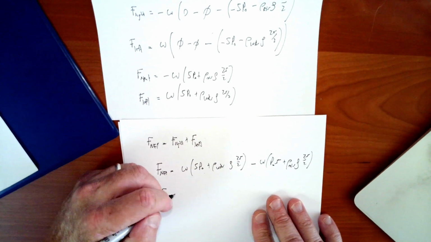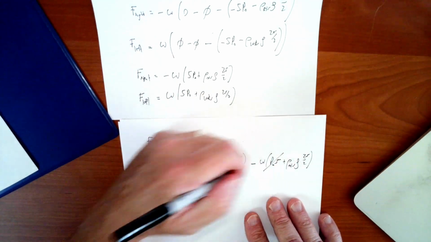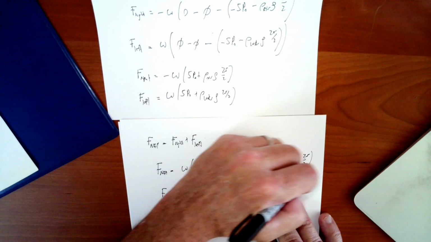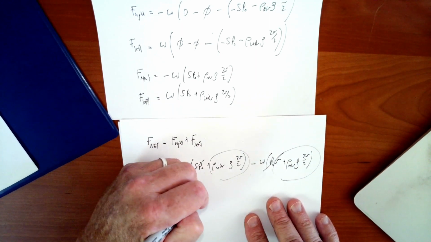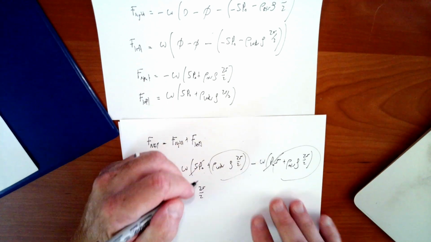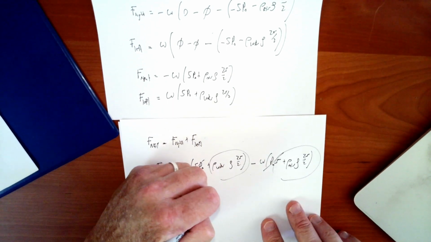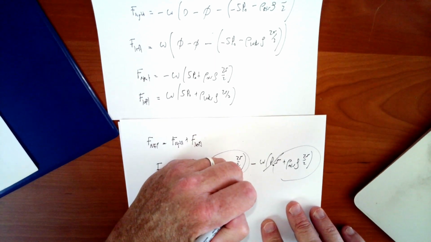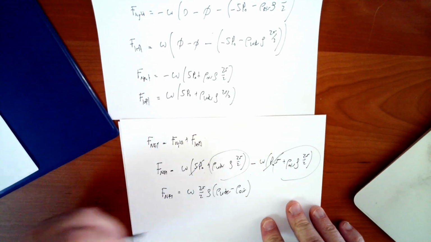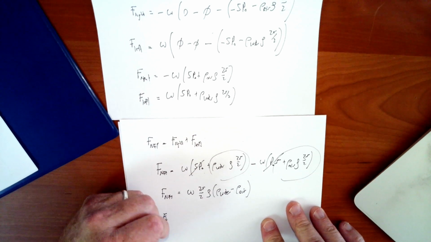I can see that this term and this term are going to cancel, and these two terms have identical forms except they have rho air and rho water. So it's going to be W times 25 over 2 times G times rho water minus rho air. And that's the answer. Obviously, I'm going to plug some stuff in here.